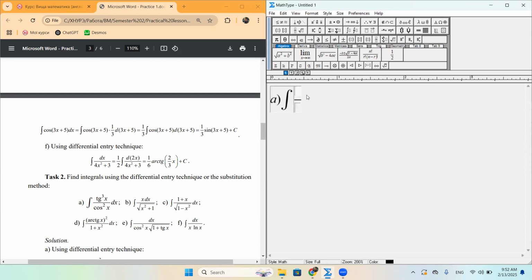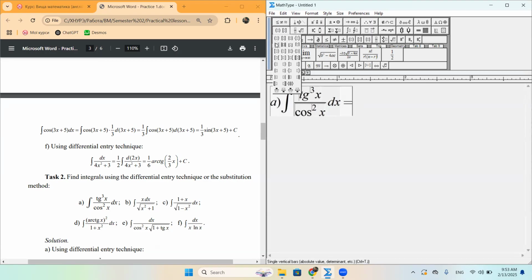So any ideas how to solve? Any steps how to start calculating? No? Okay. So actually you just need more practice to see the differential.